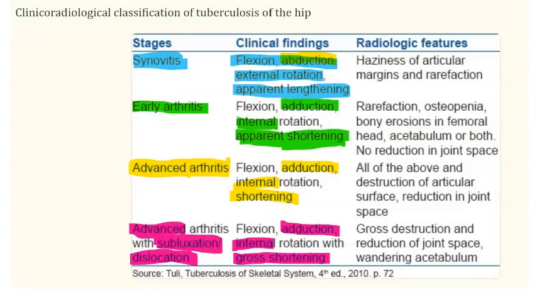For stage 3, advanced arthritis, the patient has flexion, adduction, internal rotation, and shortening. Stage 4, advanced arthritis with subluxation or dislocation. There is flexion, adduction, internal rotation with gross shortening.